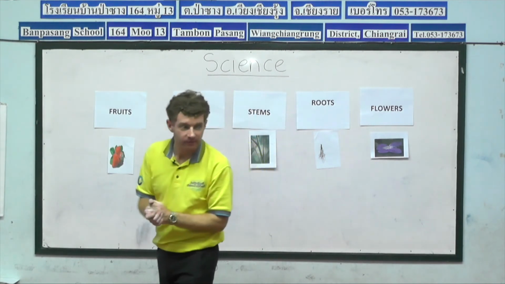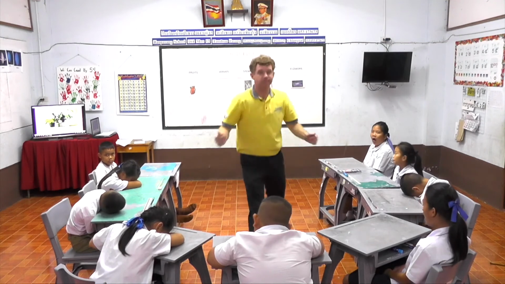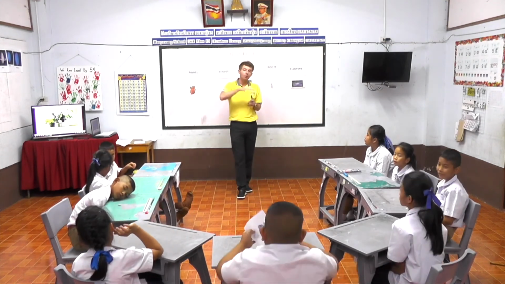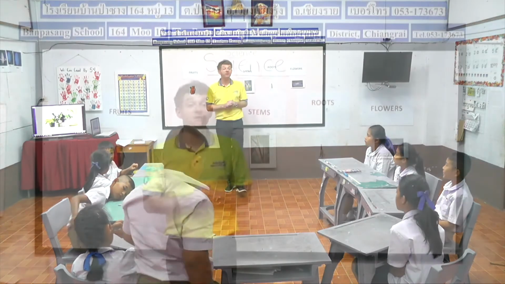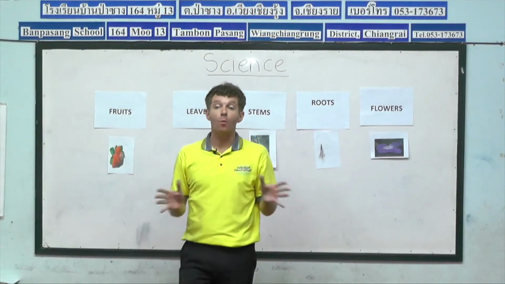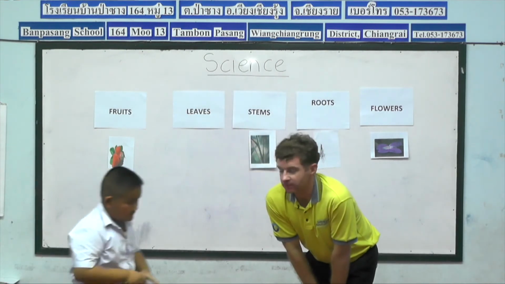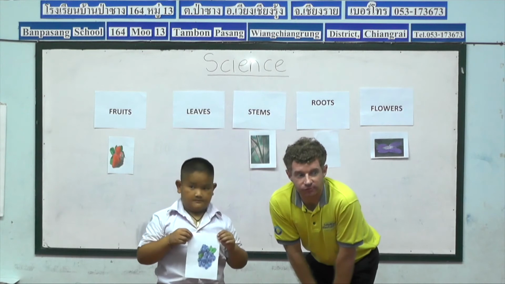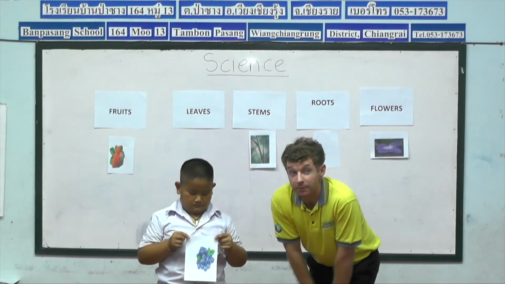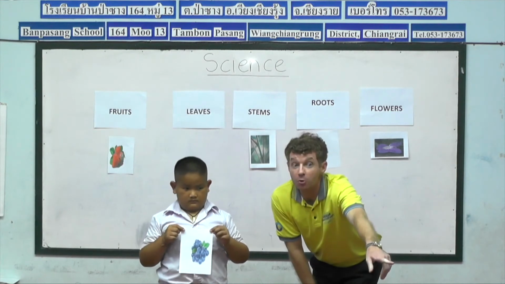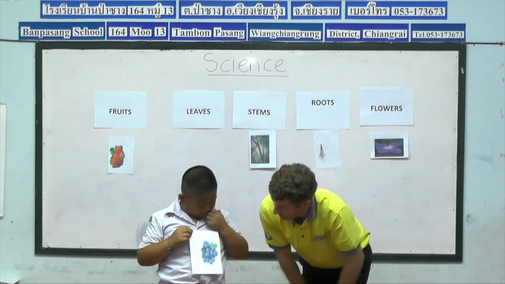Next picture, next student. Okay, now it's time for Net. Net, bring your picture forward, please. And let's see if we can guess, Net's picture, what part of the plant is it? Let's have a look. Fruits. Does anybody know what type of fruits these are? Not grapes. Blueberries. What colour are they? Blue.